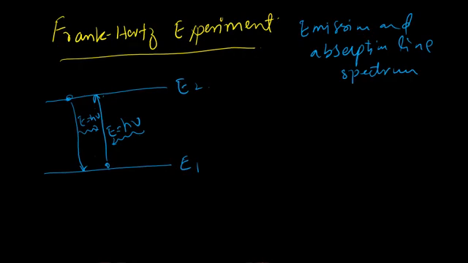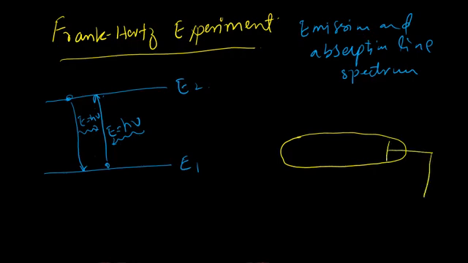The experiment was to demonstrate that discrete energy levels exist, and furthermore that they are the same as suggested by the line spectrum. So this was a glass tube containing different elements in the vapor phase.